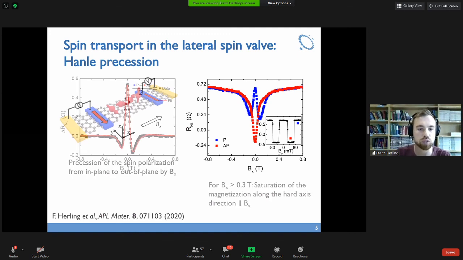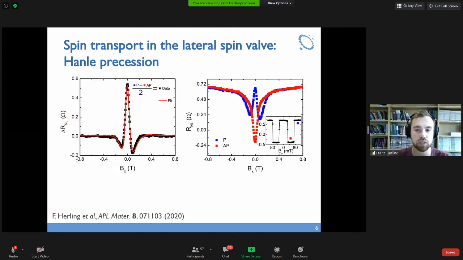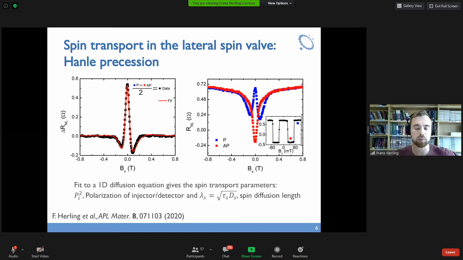And what you can actually do now is take the difference between those two curves and remove the background, as you can see, and this can be fitted to the one-dimensional diffusion equation. The fit parameter that you get is the polarization of the injector and the detector.